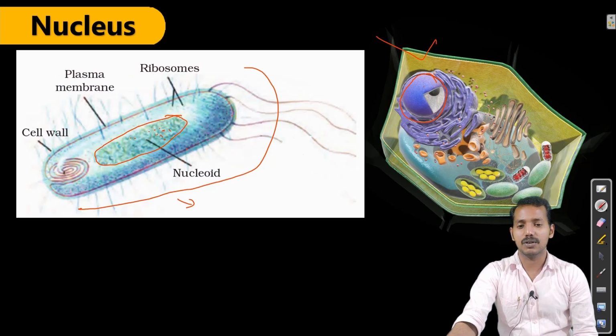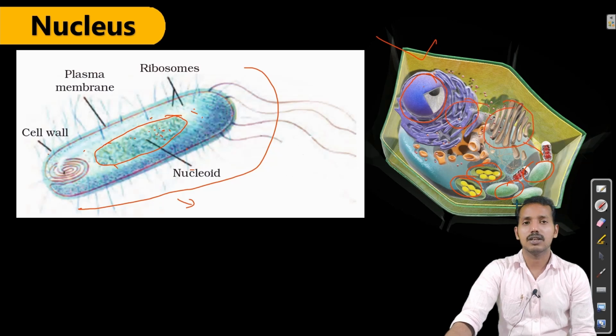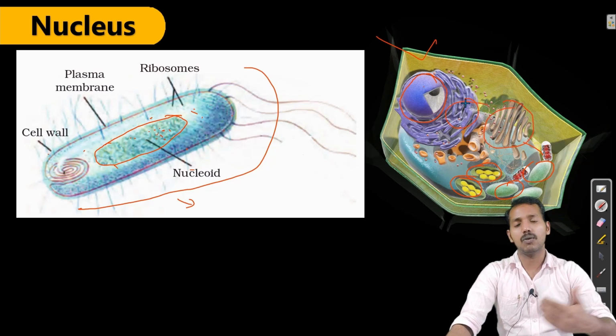That is the main difference. Not only the nucleus is a factor. In the bacterial cell, you can see the ribosomes, plasma membrane, cell wall and nucleoid are distributed randomly. But here there are separate membranes around the cell organelles. These are different cell organelles, which we will discuss later in detail one by one.